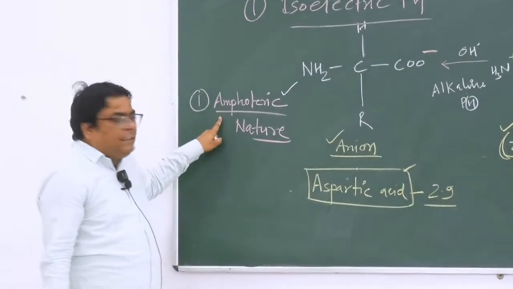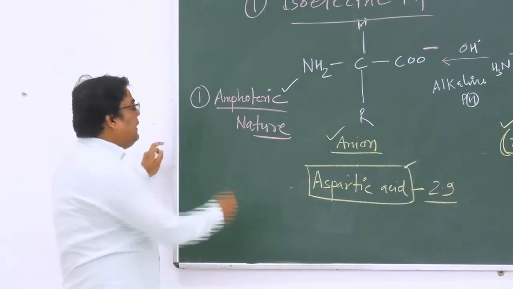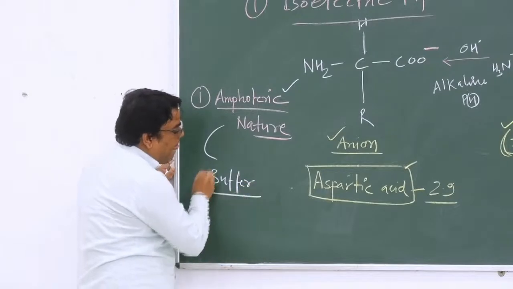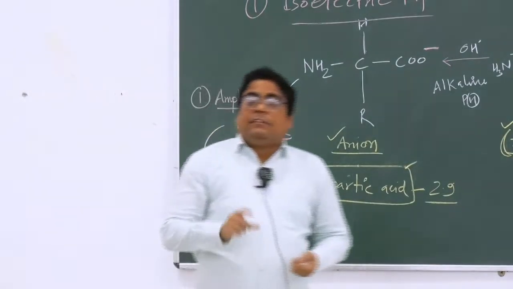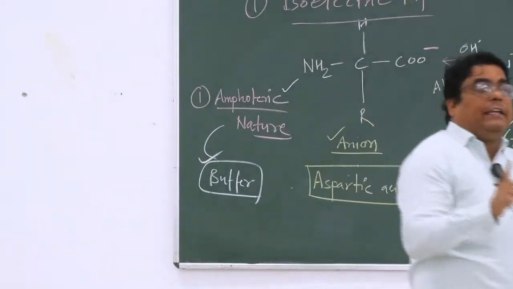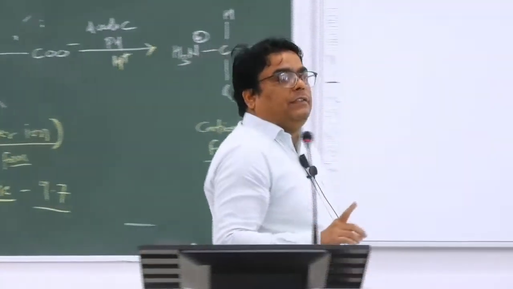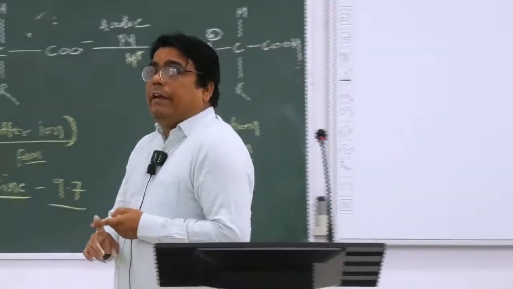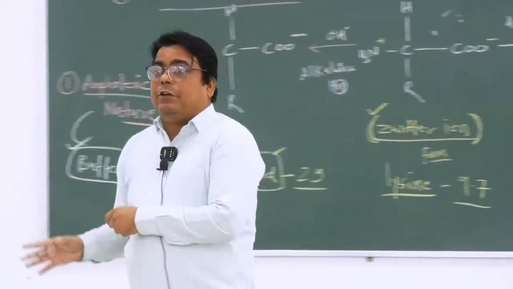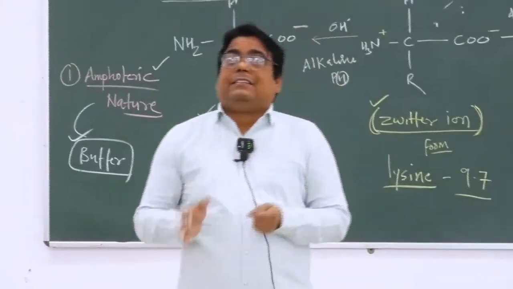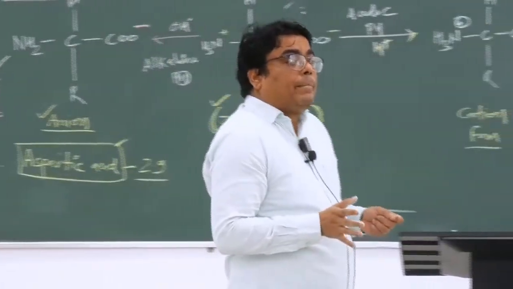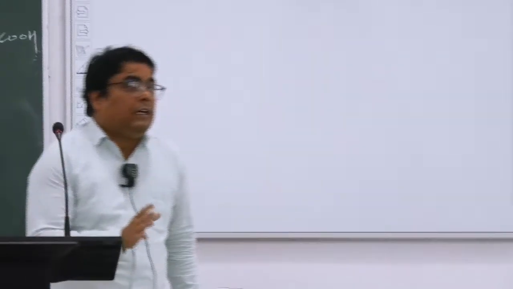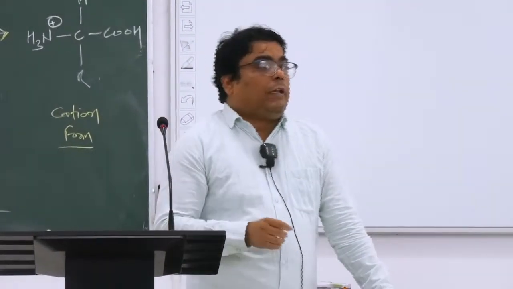Due to this amphoteric nature of amino acids, proteins act as a buffer. Understand? It is very important when we discuss metabolic acidosis and metabolic alkalosis, the disease conditions of the body. The first barrier against metabolic acidosis is the protein buffer.